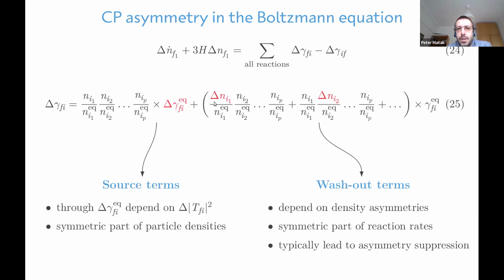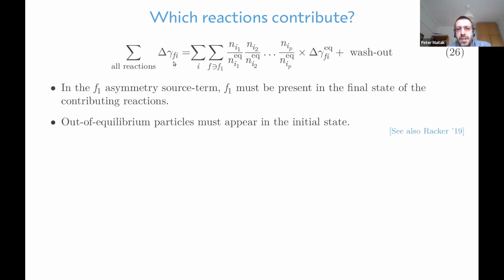So let us look. We have two terms, one that creates F1 and the asymmetry of that reactions, and one that annihilates F. Okay, so first part first. Because of the sum over all reactions, we must have departure from equilibrium in the initial state.